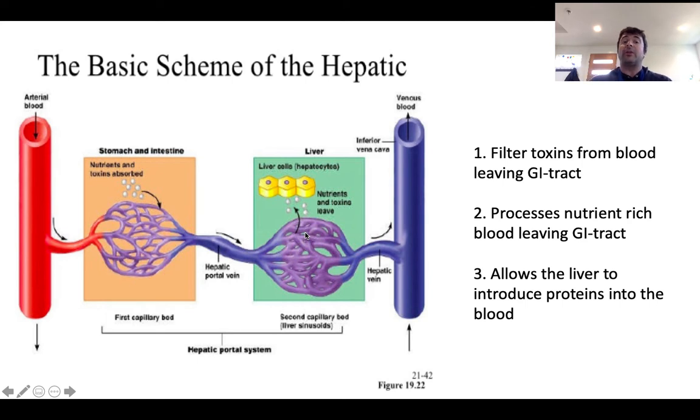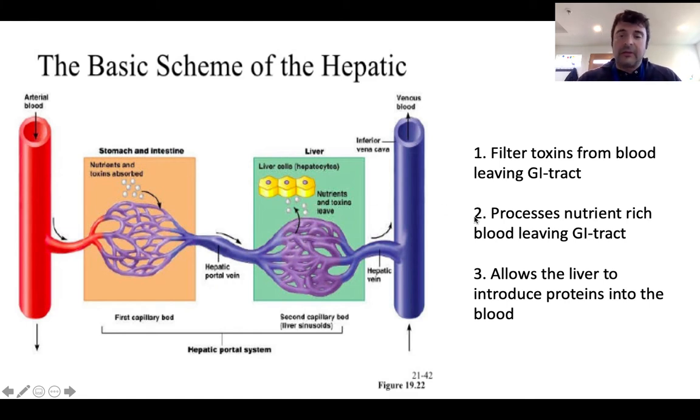So all the blood that leaves the GI tract is first shunted to the liver, and in the liver, that blood at those sinusoidal capillaries interacts with liver cells, and within the liver, in these sinusoidal networks, three things happen. That blood is filtered for toxins leaving the GI tract, so we filter that blood for nasty stuff we don't want spreading into our systemic circulation. It's called first pass metabolism.